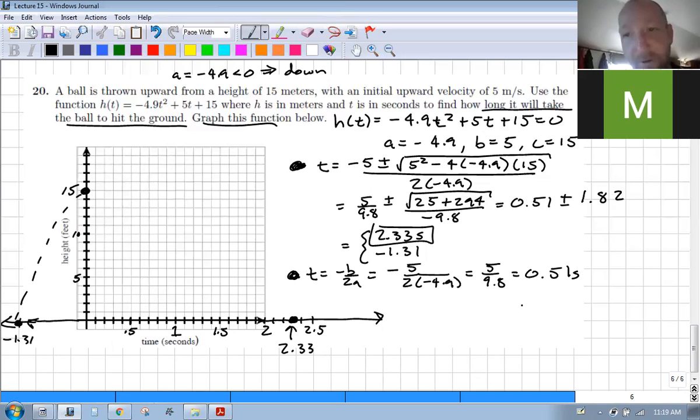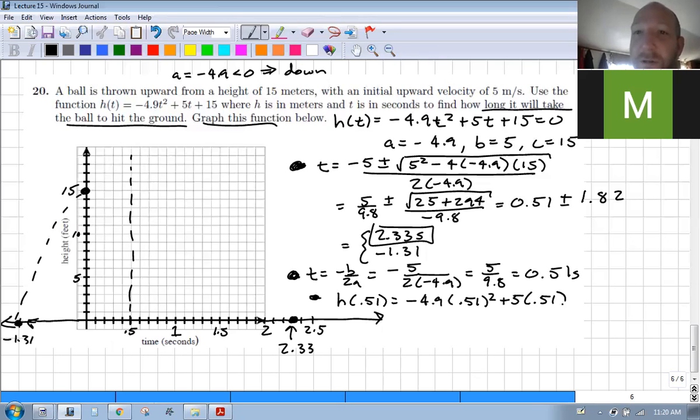So 0.51 seconds is our axis of symmetry, which is basically right here. So to find out where our vertex is, we need to plug that into our function. So h of 0.51 is negative 4.9 times a 0.51 squared plus 5 times a 0.51 plus 15.